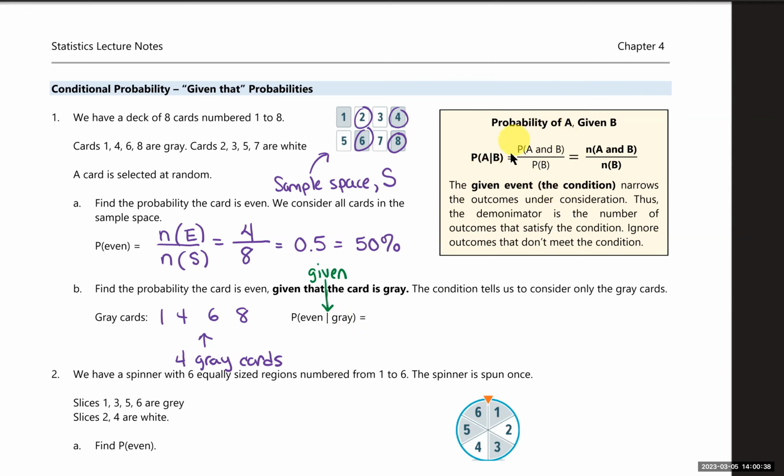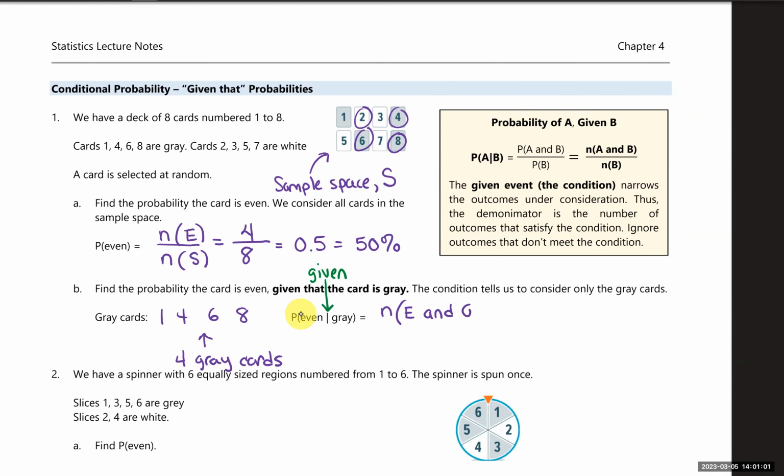I could use the formula that discusses the probabilities, but instead it'll be easier to do it in this format where we keep track of the number, little n. So let me write it with these particular events. It will be the number of cards that are even and gray.